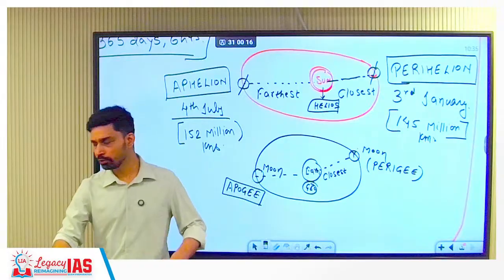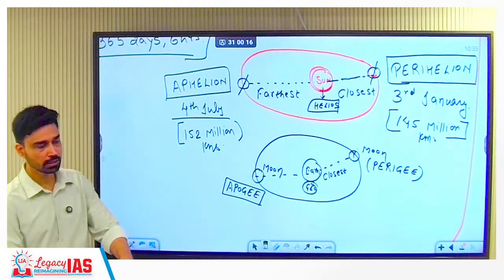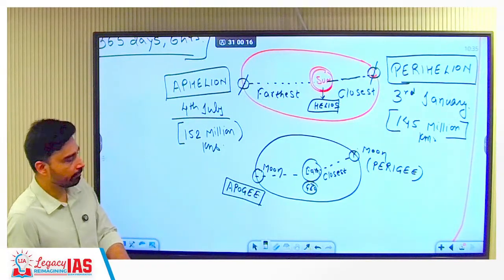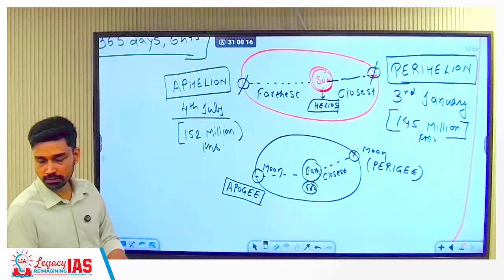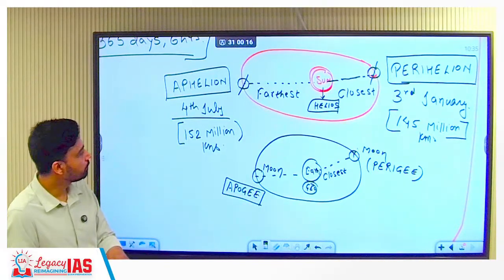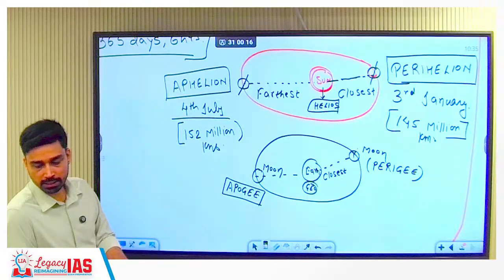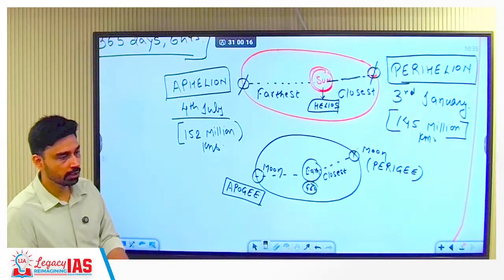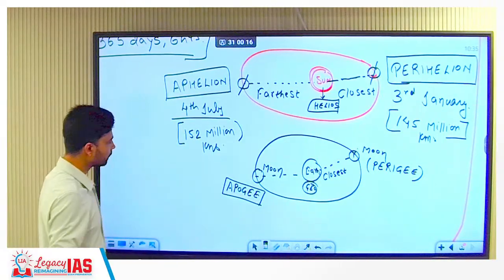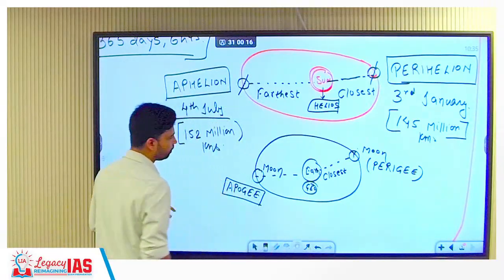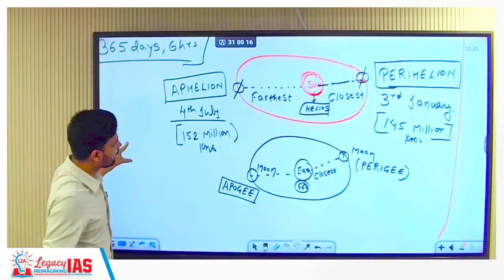Helios. In geography, we will see most of the terminologies come from Latin or Greek language. So because of that, the term used for the Sun is Helios. We call it perihelion and aphelion. So that's simple to remember. Perigee, apogee, perihelion, aphelion.